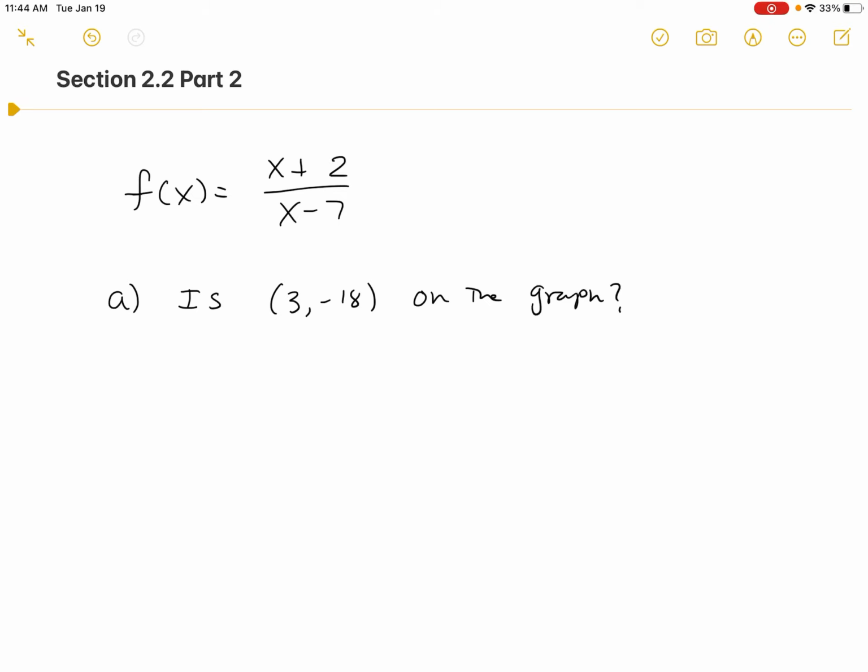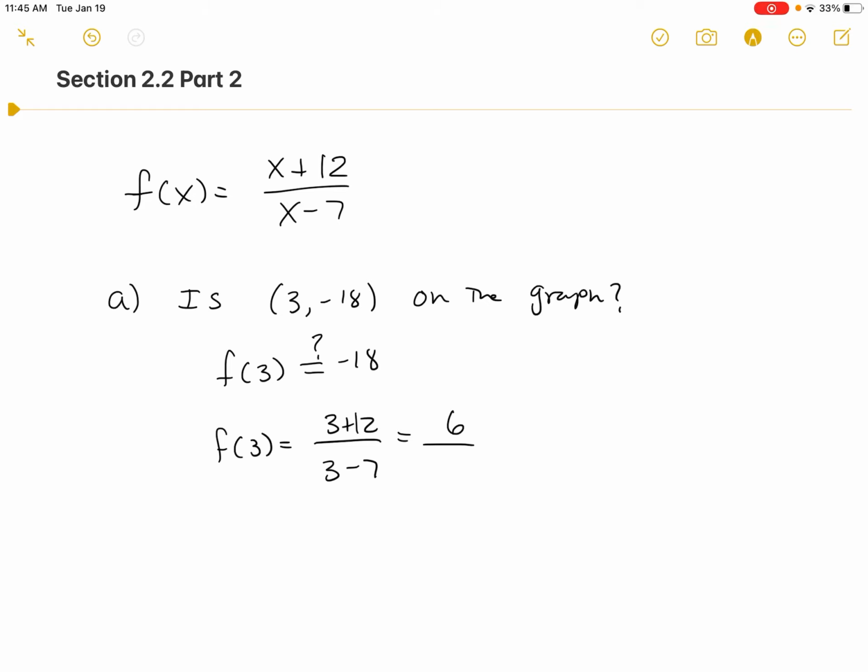And this is a multiple part question, and it's very similar to those middle ones that are 7, 8, and 9. And so what does that mean? They want to know, is f of 3 really negative 18? So let's see what f of 3 is. Well, that's 3 plus 2 all over 3 minus 7, or actually, I think this was a 12 if I look at my notes, right?